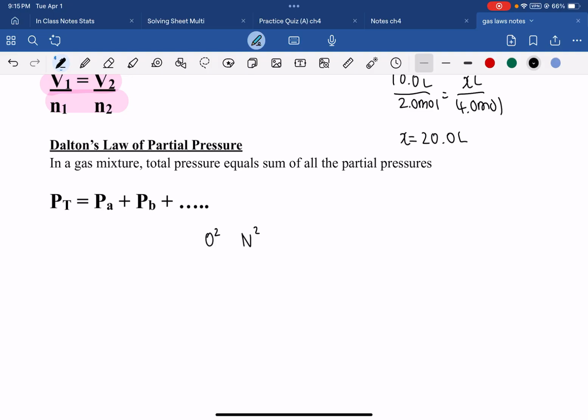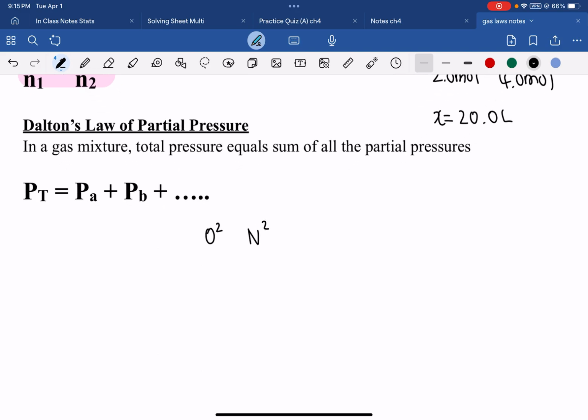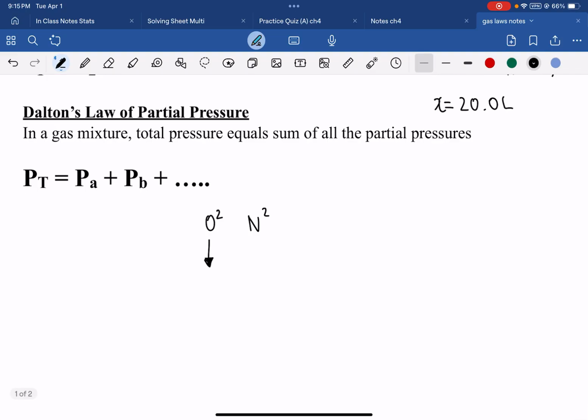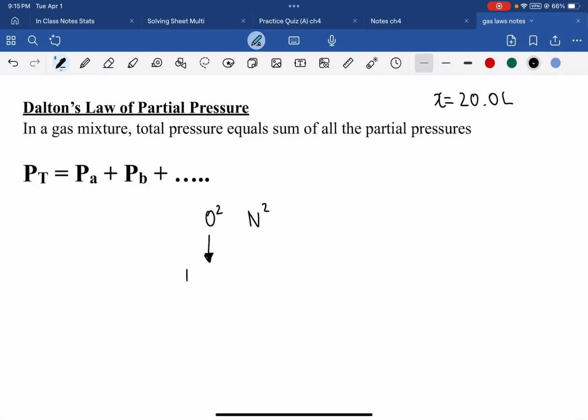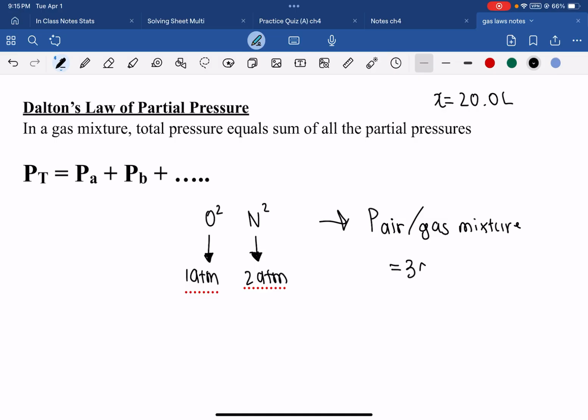What this law is stating is that if O2 has a partial pressure of, for example, 1 atm and N2 has a pressure of 2 atm, then the pressure of the air or the gas mixture is going to be 3 atm.